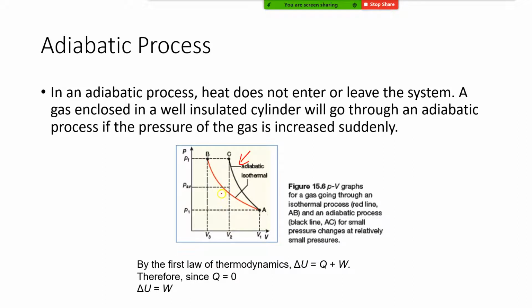In some cases, you will have to identify what process it's going to be. So this first one, the one in black, is slightly curved in a sense. So that would speak to when there's no heat added to the system. You follow me?